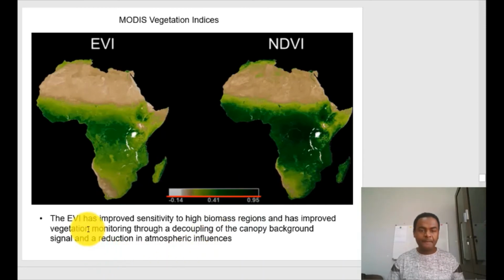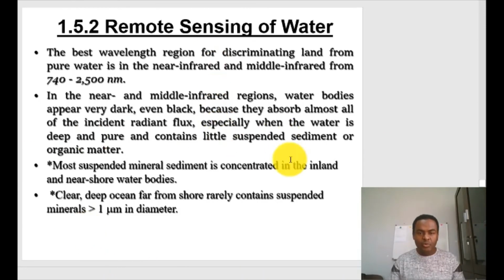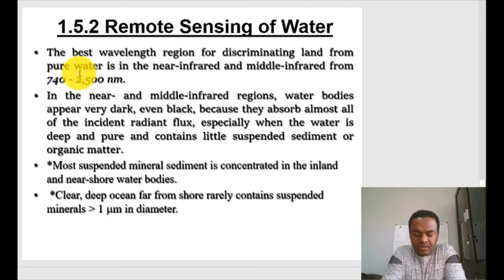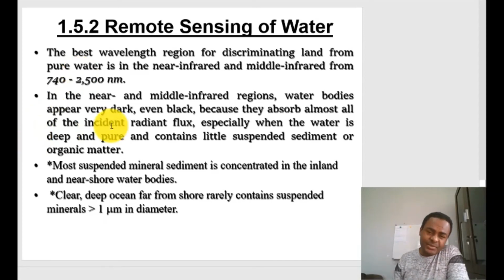Okay, now let's come to remote sensing of water bodies. In learning remote sensing for environmental studies, it is very important to know remote sensing of water as well. The first question you ask is which wavelength region is best for discriminating land from pure water.